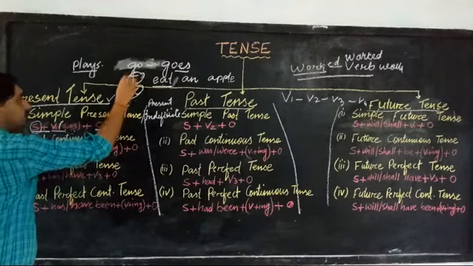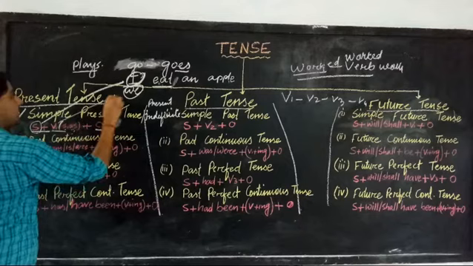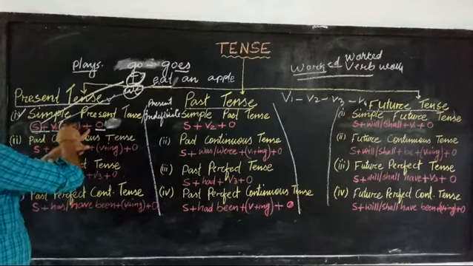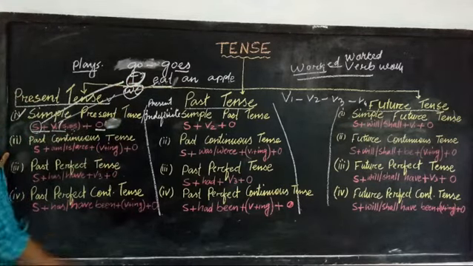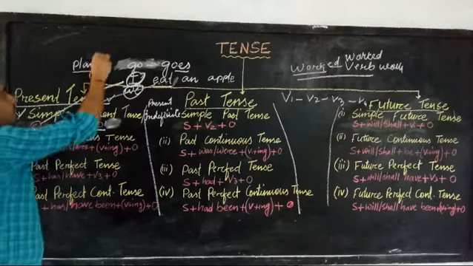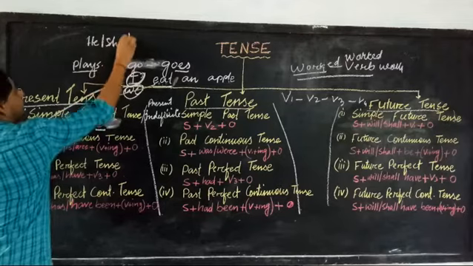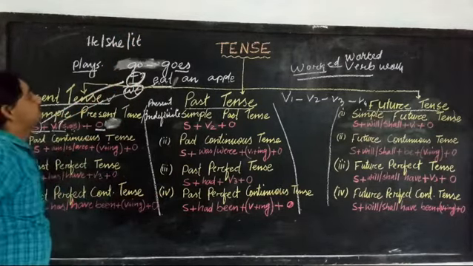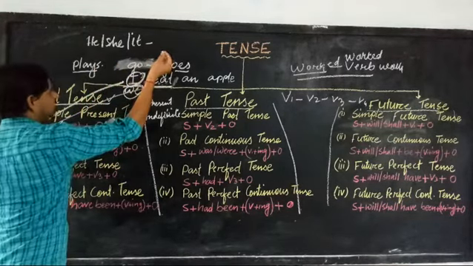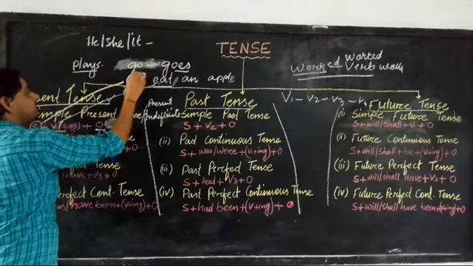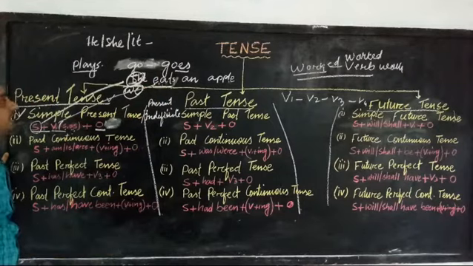Here I is the subject, eat is the verb, and we have not added s or es because the subject is I. If the subject were she, we would have written she eats an apple.